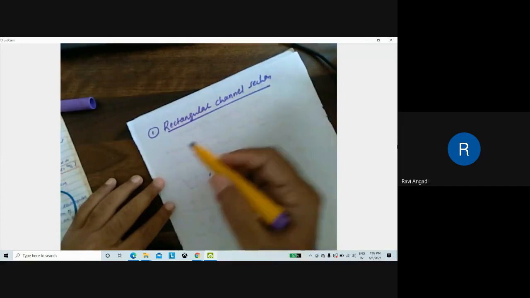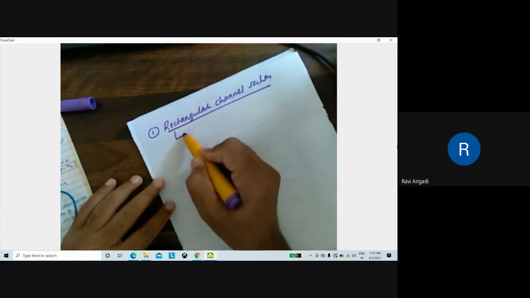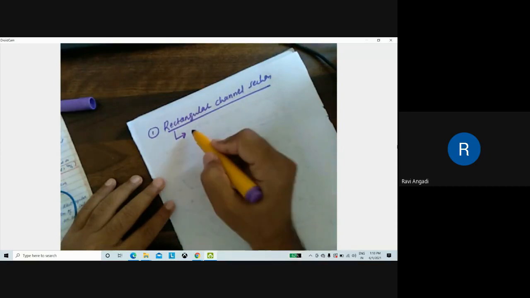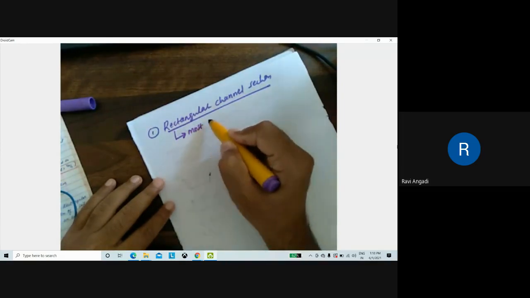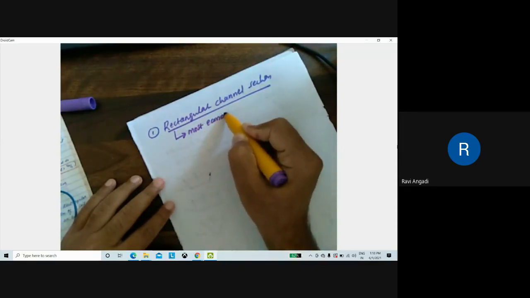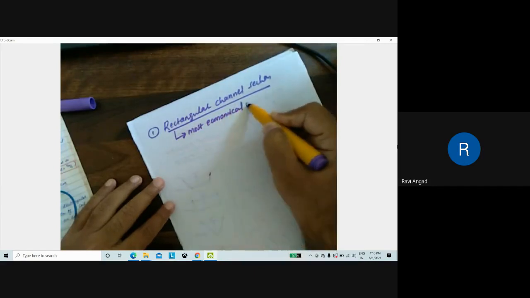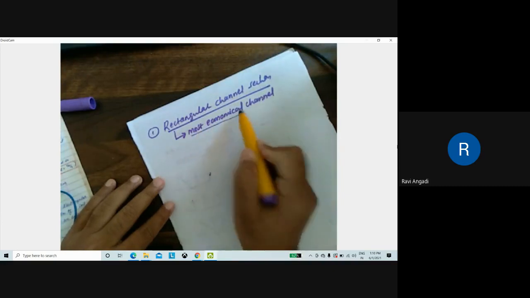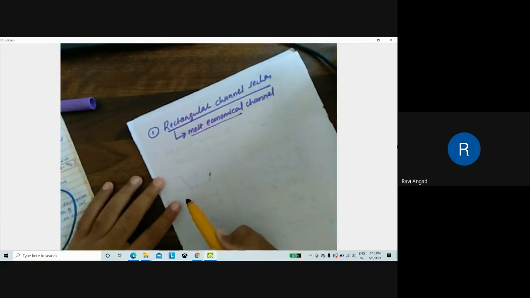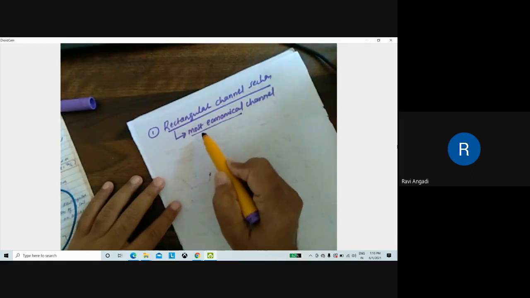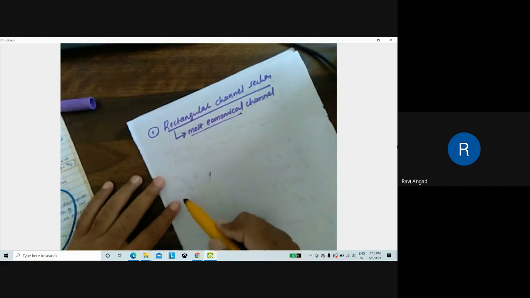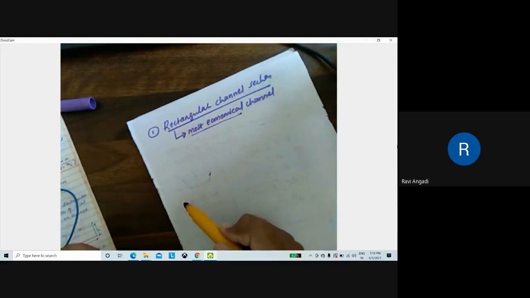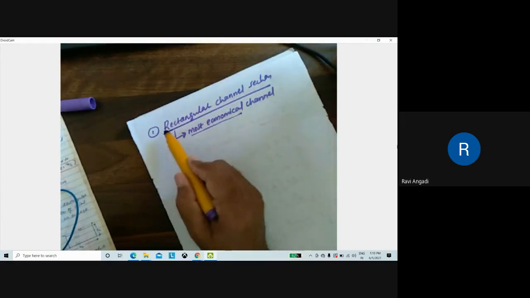For the rectangular channel section, it should be converted into the most economical channel. When I call it a most economical rectangular channel section, what are the conditions here?